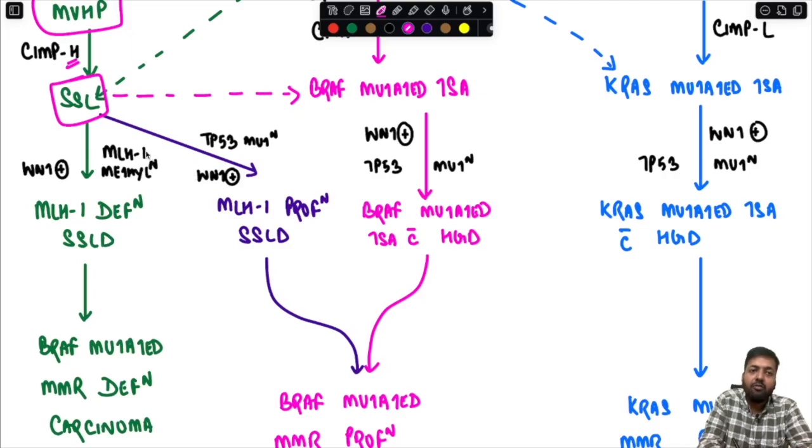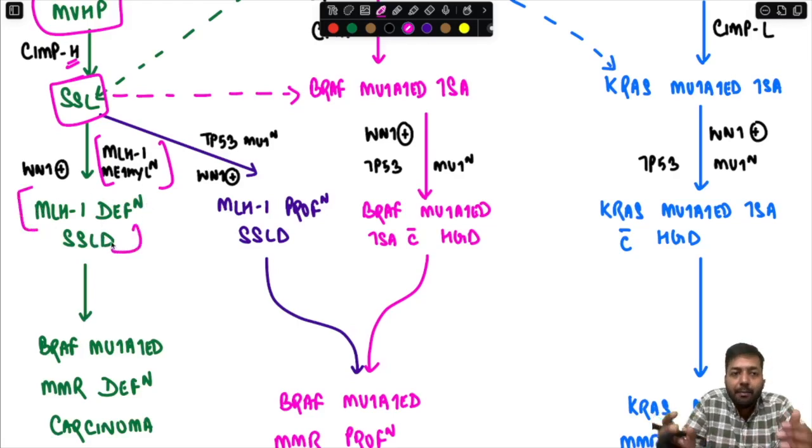The first pathway is via MLH1 promoter region methylation. In this case there will be MLH1 deficiency, and it is going to give rise to a dysplasia, that is SSLD, sessile serrated lesion with dysplasia. Because of the MLH1 methylation it is MLH1 deficient, so we call it MLH1 deficient SSLD.